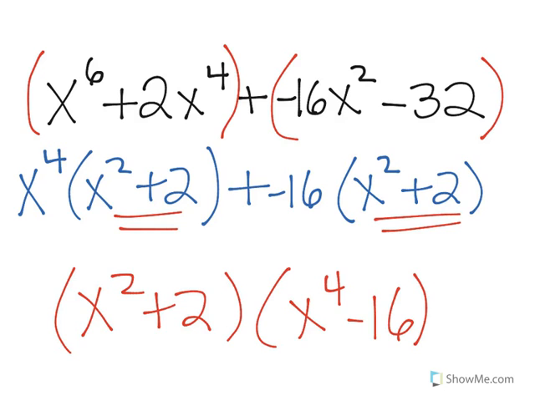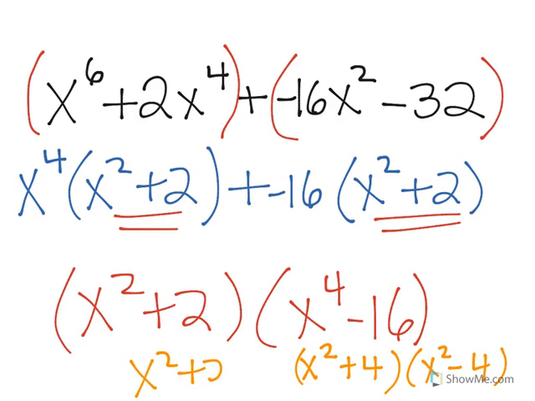Because if you notice, this one right here is the difference of 2 squares, so we can continue to factor. So this is going to be x squared plus 4, x squared minus 4. And then we have x squared plus 2. Well, we're still not finished, because right here we have the difference of squares again.